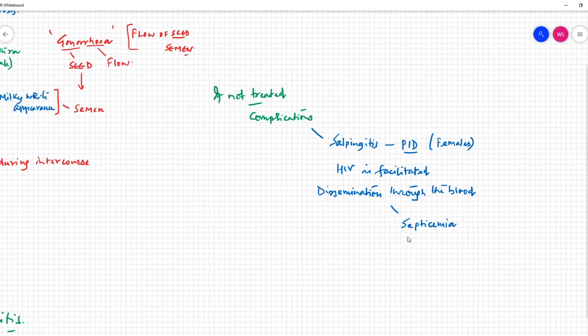It has also been shown to cause arthritis, which is the inflammation of the joints, and dermatitis. There have also been reports of endocarditis and meningitis.